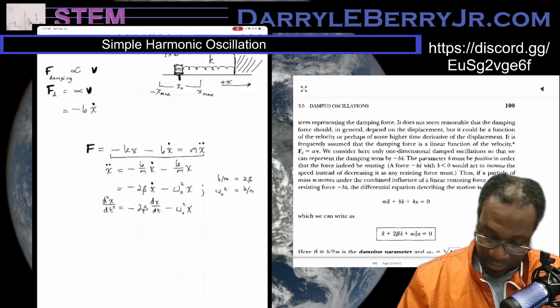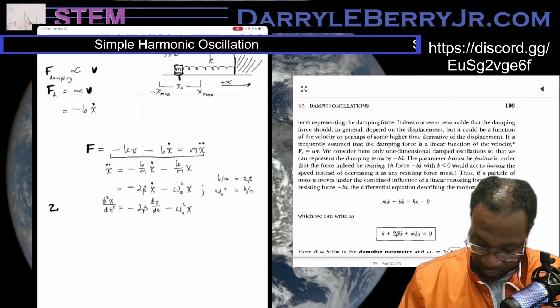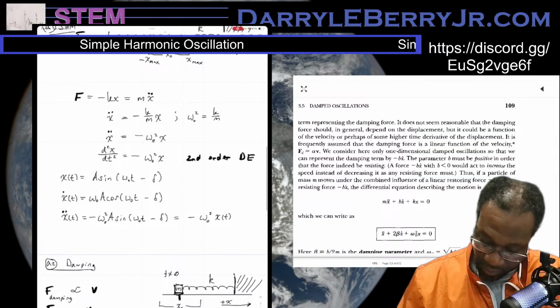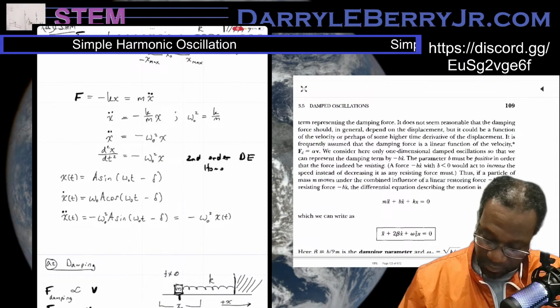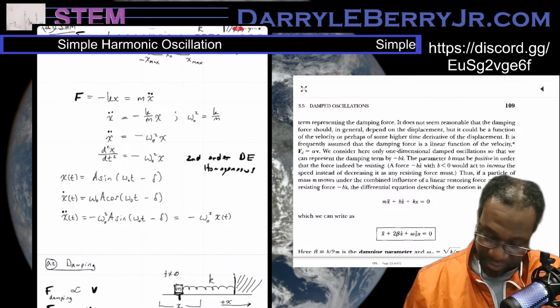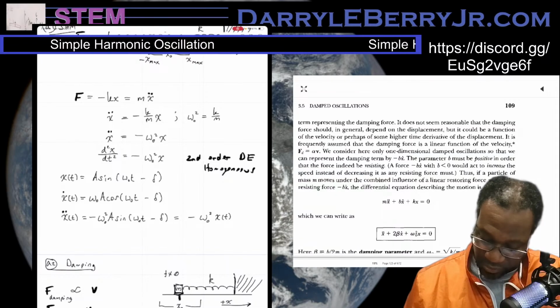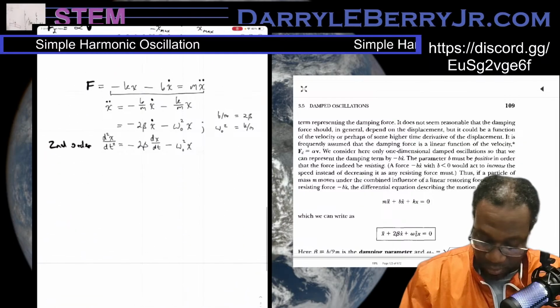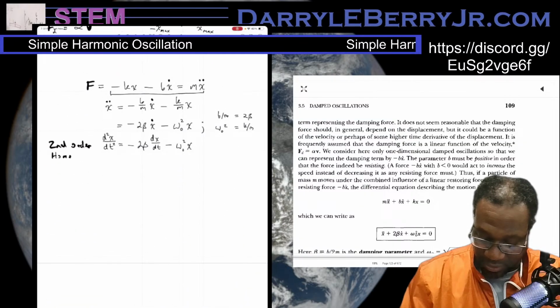So this is a second order differential equation. This would be homogeneous, so I could bring everything to one side and have 0. What I have here is homogeneous as well, because I could bring everything to the same side.